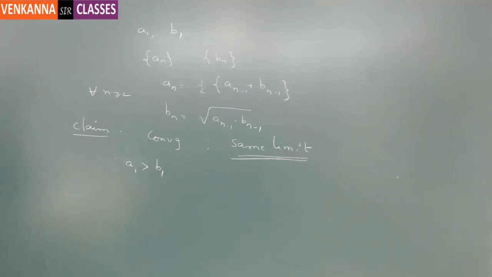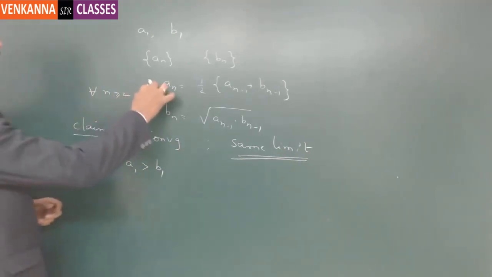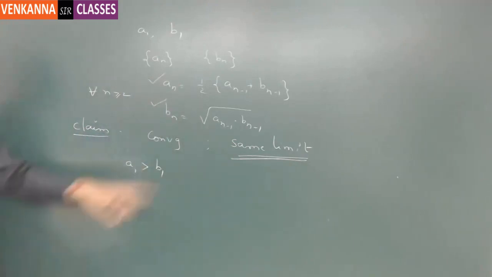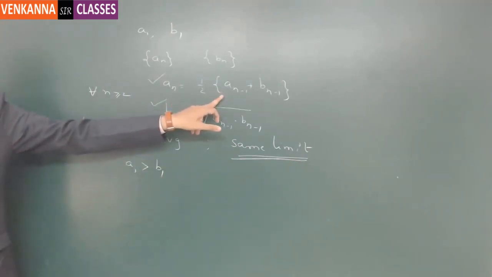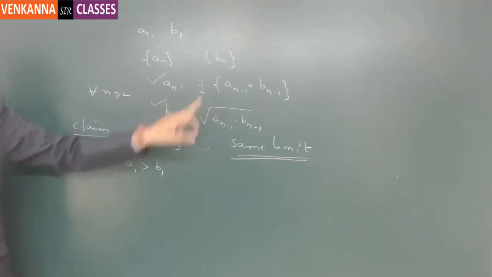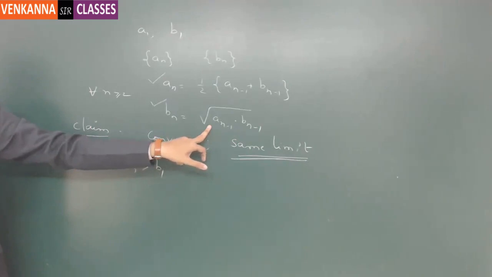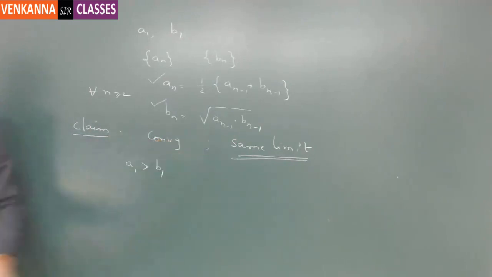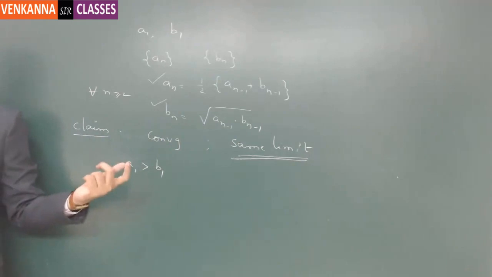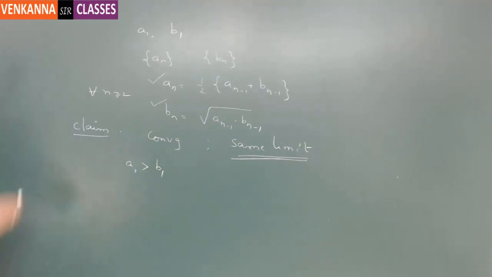Now, if you look at the definition of these two, one is nothing but the average. We can call it as the arithmetic mean, right? The other one is geometric mean. Could you agree? So let us take two numbers randomly. If you compare that, always arithmetic mean is greater than geometric mean.